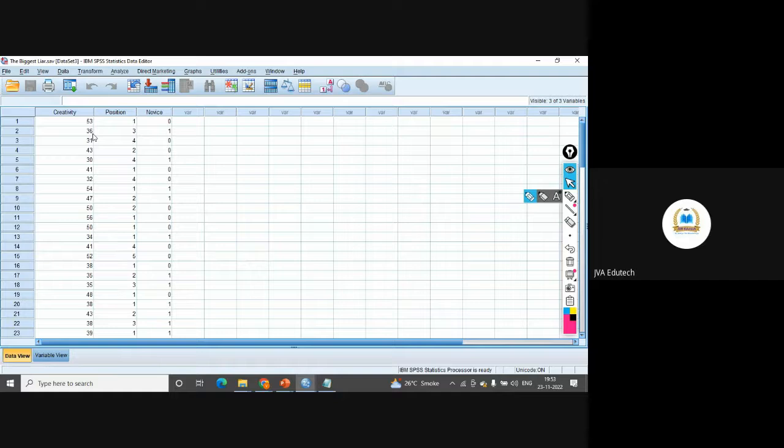To test the hypothesis, my null hypothesis is more creative people are not better liars. An alternative is more creative people are better liars, or there is an association between creativity and a person winning in a lying competition. Is the problem statement clear? Yes, sir. Sir, would you please repeat the null hypothesis again?